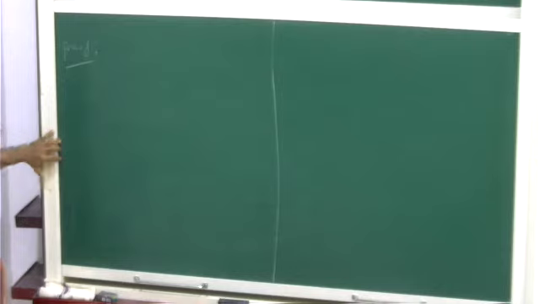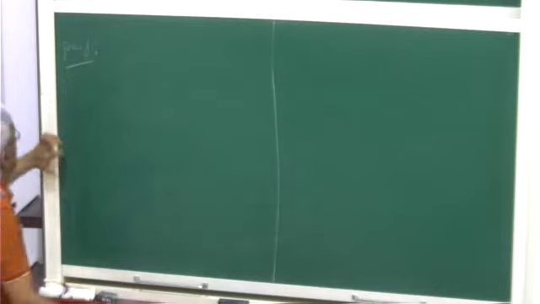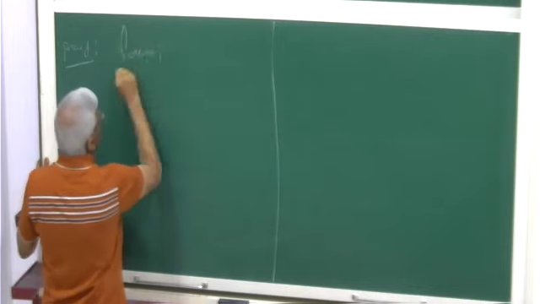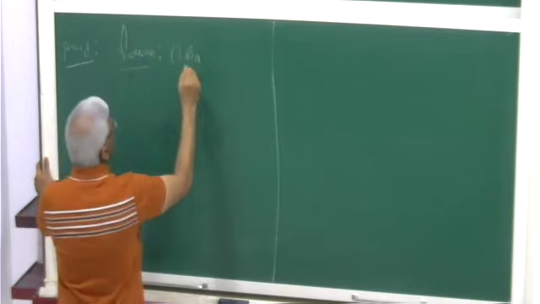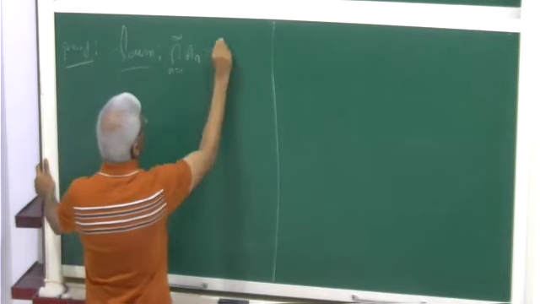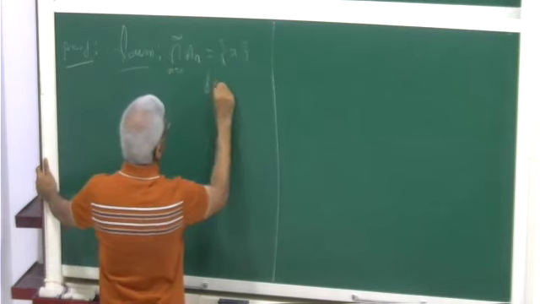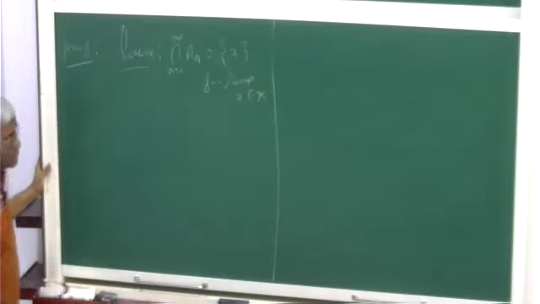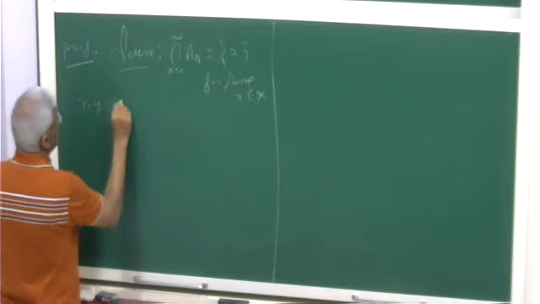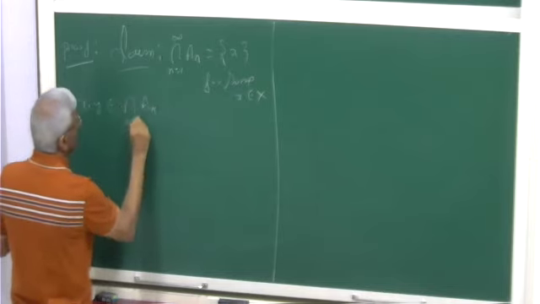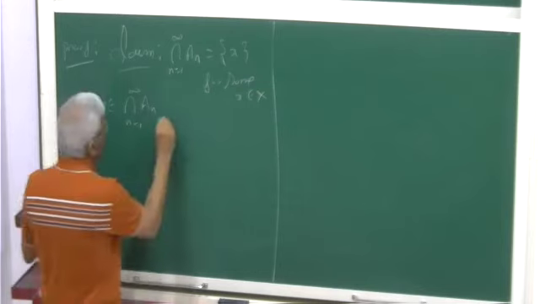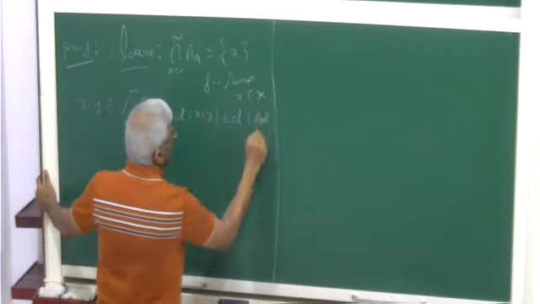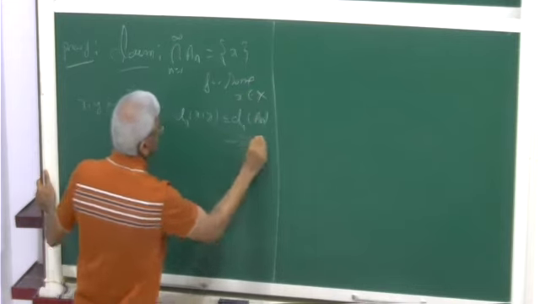So first the claim is, he already said the claim: the intersection of A_n, which is not empty, is equal to some singleton {x} for some x in X. That should be clear because if x, y are in the intersection of A_n, then d(x,y) is less than or equal to d(A_n), which goes to 0.